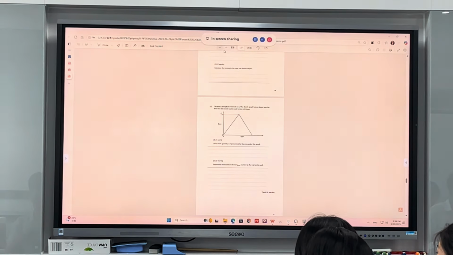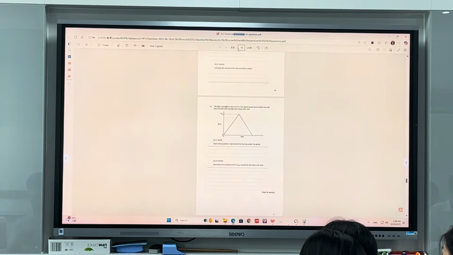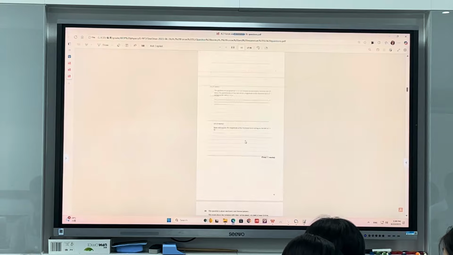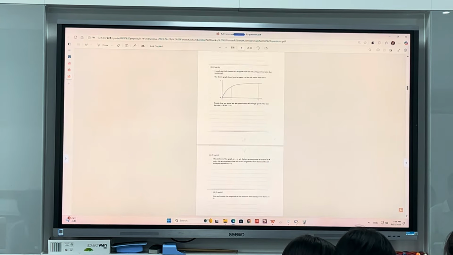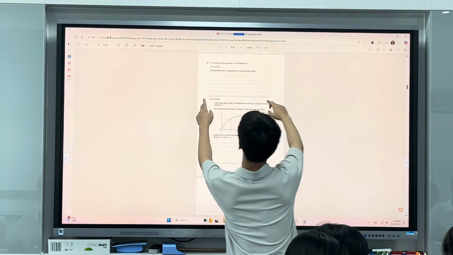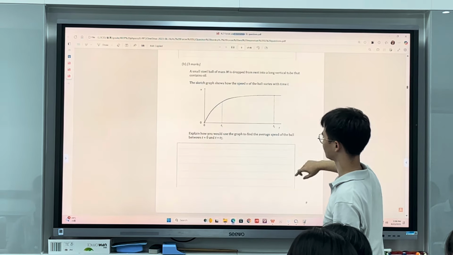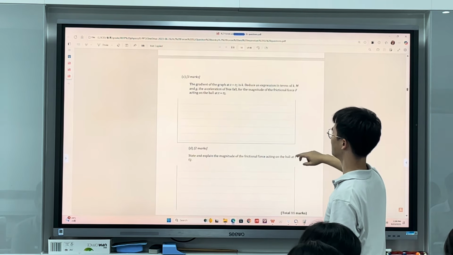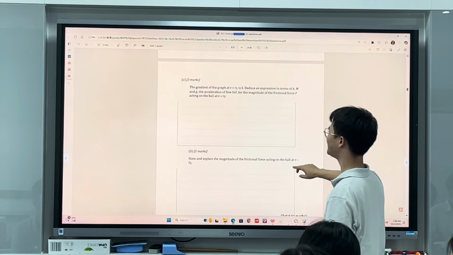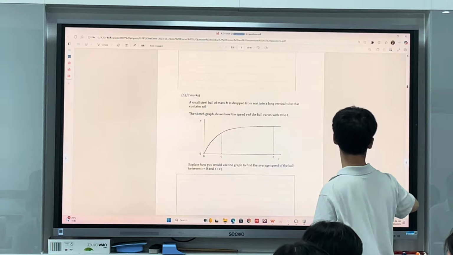第几页？10 页的第，先看一下整道题。State and explain the magnitude of the friction acting on the ball at t equal to t2.